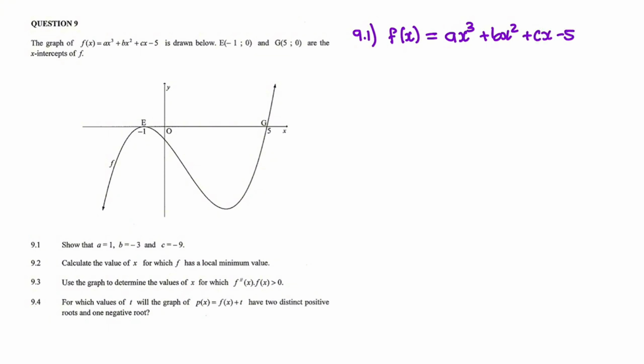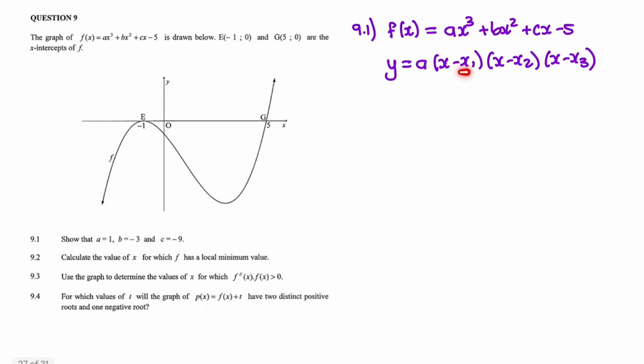What I know is that I can rewrite the equation of this cubic function as a times (x minus x1) times (x minus x2) times (x minus x3), where x1, x2, and x3 represent the intercepts with the x-axis. Now you would notice that I have 3 values that I consider, but in this graph I only have 2 x-intercepts. That means that one of the x-intercepts repeats.